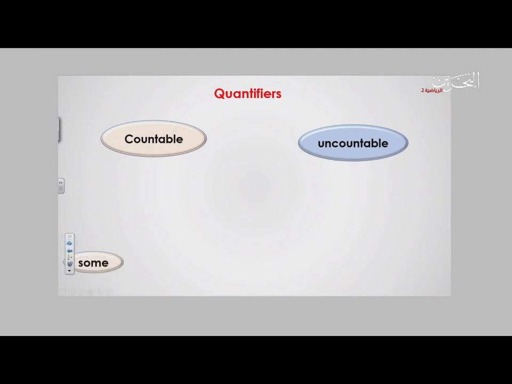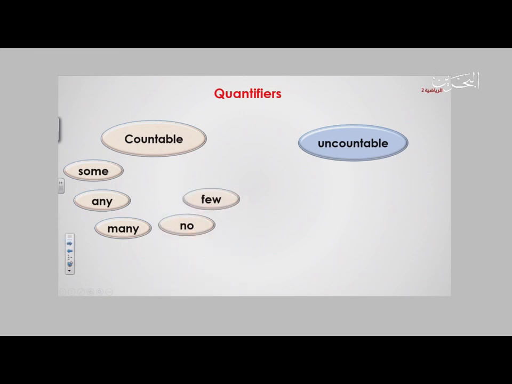Let's find out what the quantifiers family is. Let's start with the countable. We have the word some, and I'm sure most of you know the word some. Any, many, no, few, a lot of. These are the quantifier words I can use with countable nouns.